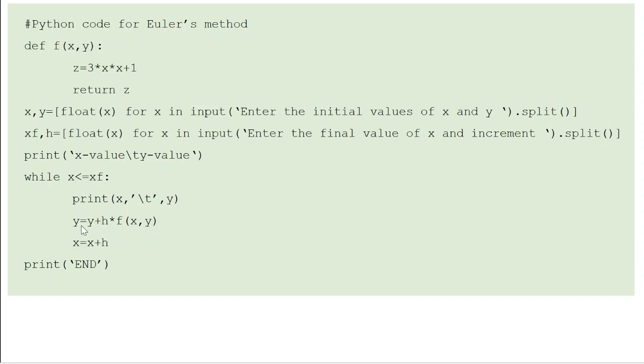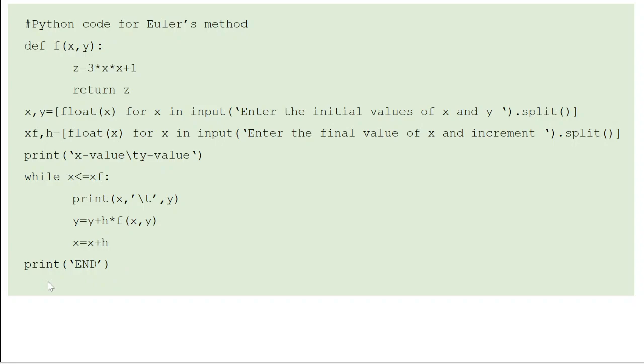So y1 is calculated. I want to find x1. So x1 is x naught plus h. So I write it here, x equal to x plus h. y is incremental and x is also incremental. You keep doing this till you reach the upper limit. And after that, you come out of the loop and you simply say print end.